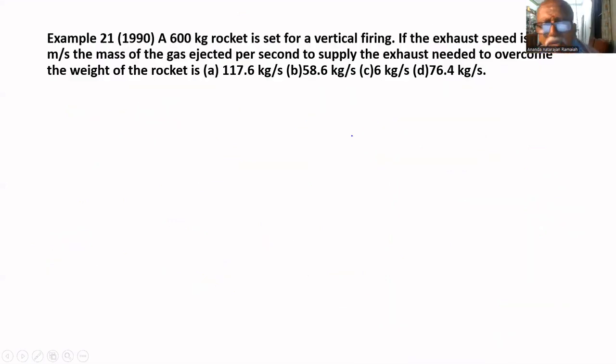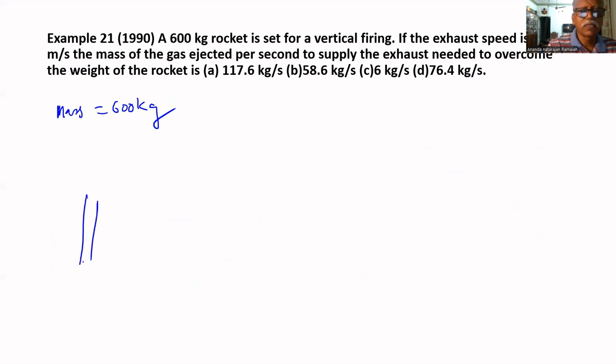A 600 kg rocket is set for vertical firing. Mass equal to 600 kg. The exhaust speed is 1000 meter per second.